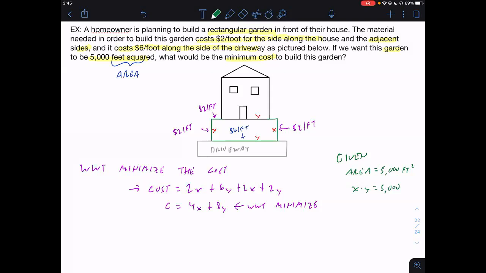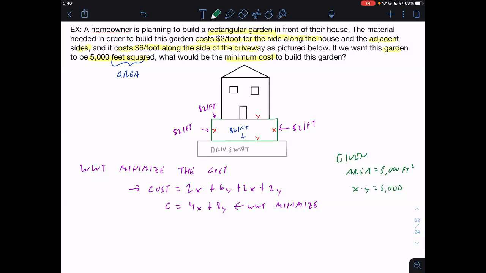Okay, so what can we use this equation that we have here on the right side for now? Well, we can use this to help us rewrite the function that we're trying to optimize in terms of just 1 variable. Let's use this given information and solve for x.